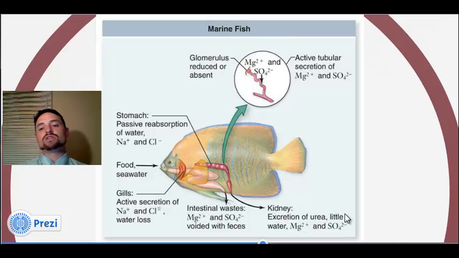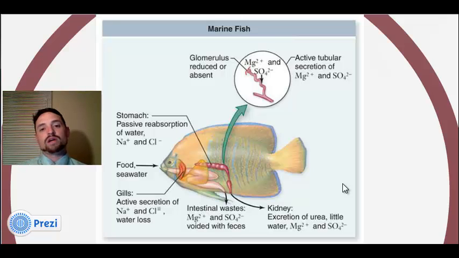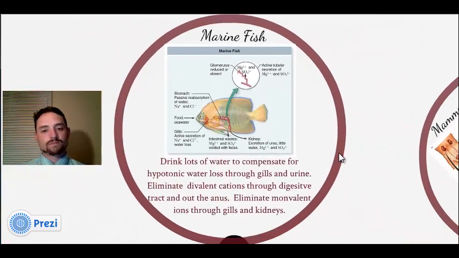And then the kidney will excrete urine or urea with a small amount of water, because when you're secreting these divalent ions into the kidney, that will help put water out of those kidney areas back into the cells, because we want to keep that water. So it's a way to keep the osmolarity going into the cells and not into what's getting ready to leave. So you lose less water with magnesium and then the sulfate ions as well.